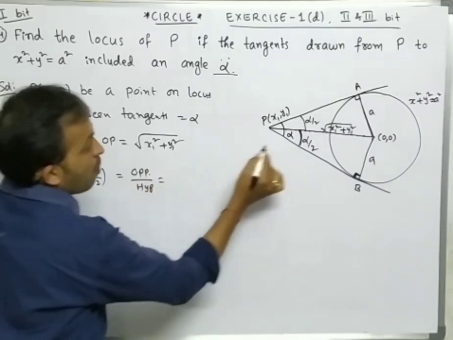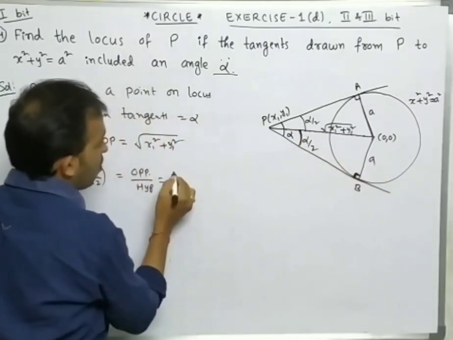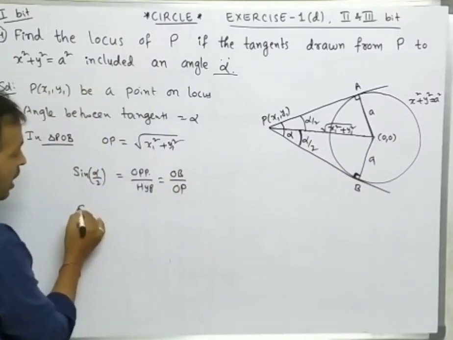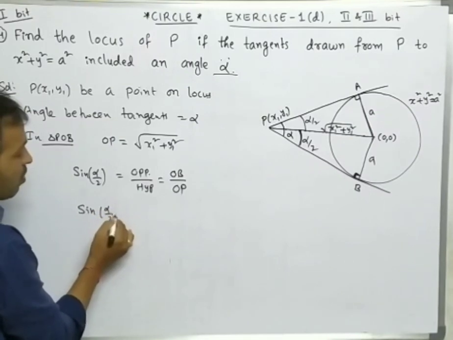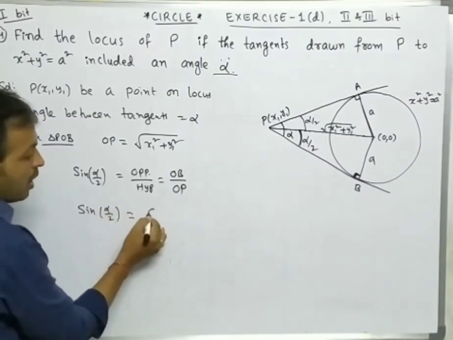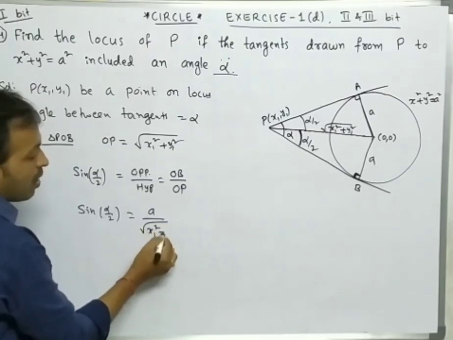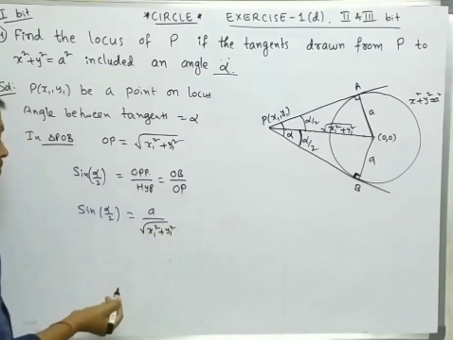What is opposite to alpha by 2? OB by hypotenuse OP. So sine alpha by 2 is equal to a by OP, that is a by under root of x1 square plus y1 square.